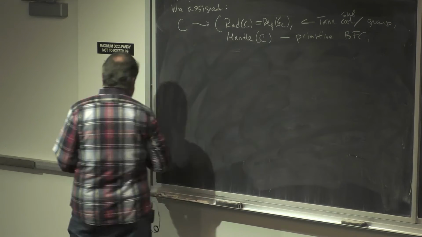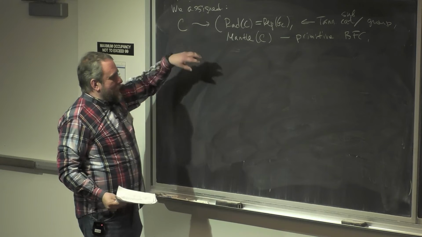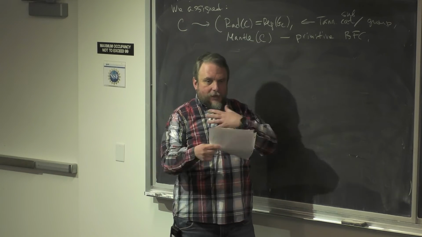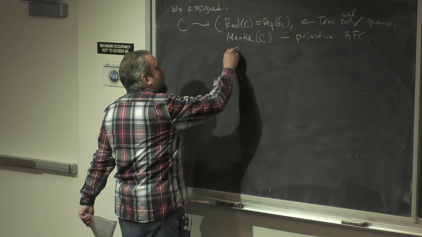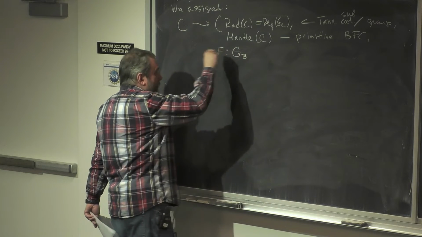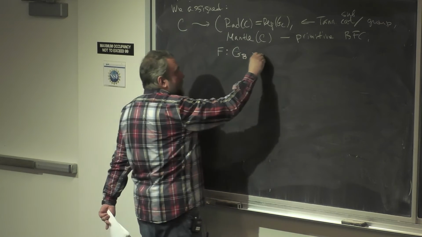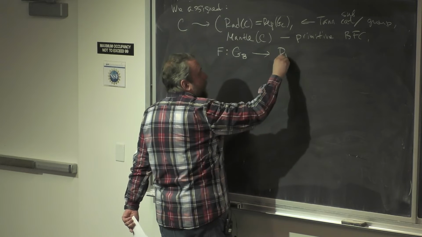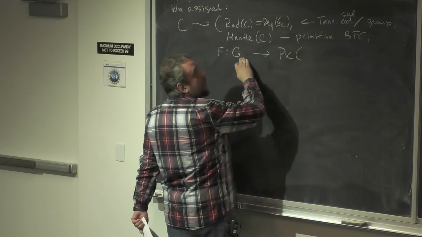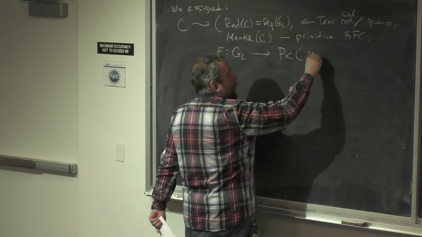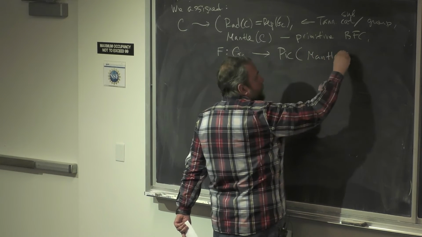And of course, the key thing is this action of this group on the mantle, which kind of determines the whole thing. This is the heart of the matter, but also the most difficult thing. It's just a monoidal two-functor from G to the Pic group of the mantle.